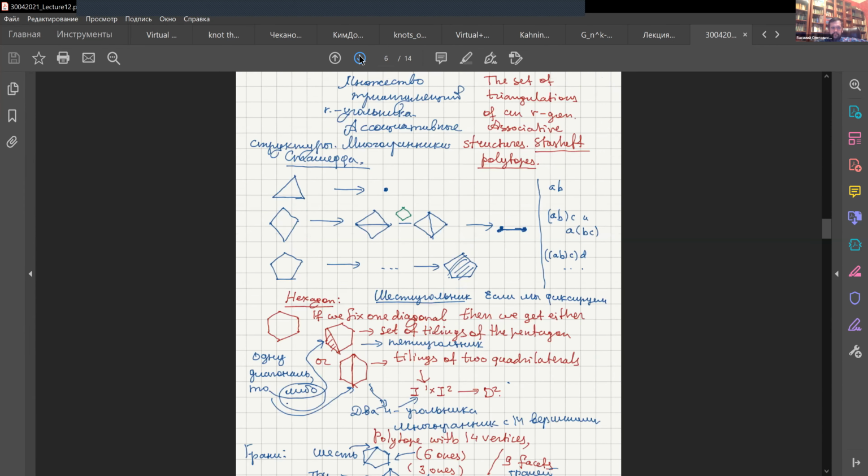So let's see. I want to give the answer not only to the question about the hexagon, but for any polygon. So first of all, now I'm going to talk about associative structures, associahedra, and star-shift polytopes.